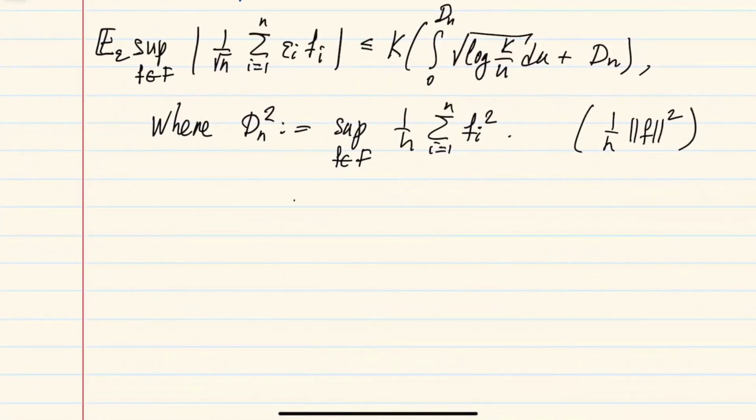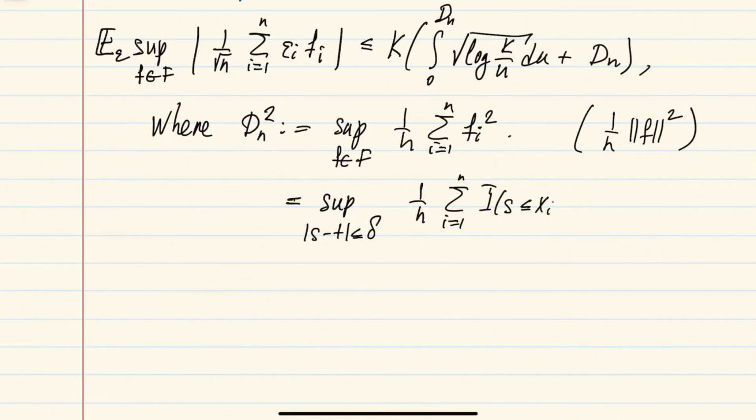Okay, first of all, in our case, the supremum, recall, is a supremum over all s minus t less than or equal to delta, and the function is just an indicator, so the indicator squared will be just an indicator of xi between s and t.